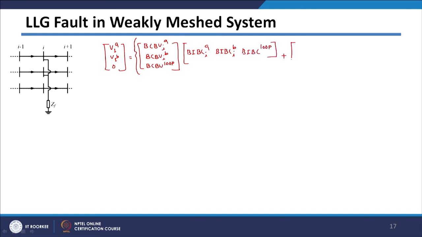plus ZF 0, ZF 0, 0, 0, 0, and the term which is taken out common is fault current in A phase, fault current in B phase, and fault current in loop forming branches.